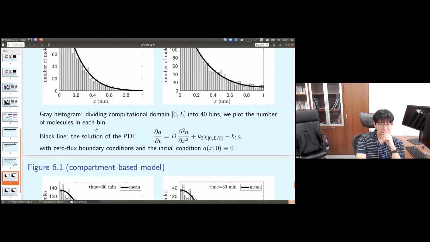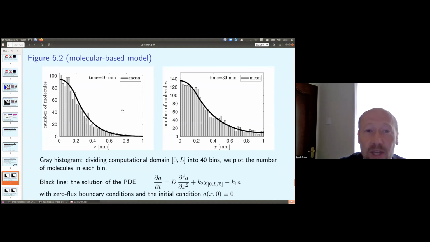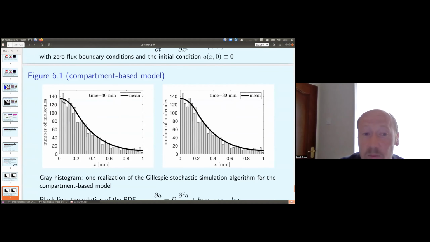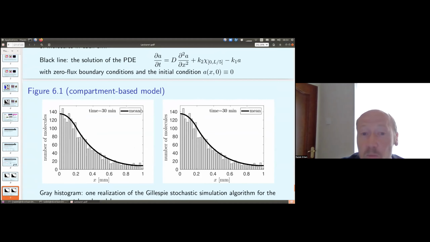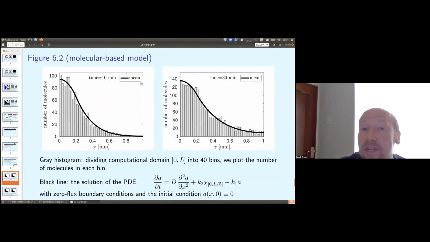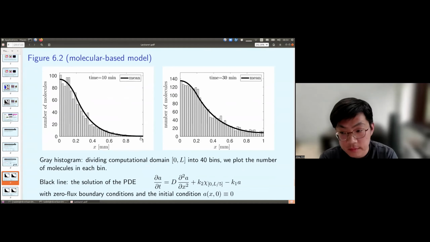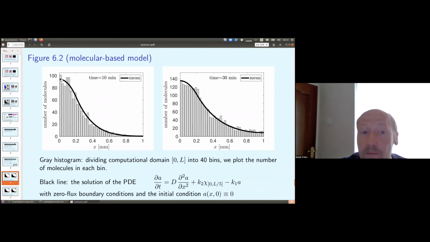So the question was about these pictures where I showed the molecule-based model or the compartment-based model, and I was producing this black line. I actually put in my pictures that it's a mean, an average. This mean can be estimated. If I want to calculate averages, I have to calculate not just one realization, which was shown in the video, but at least thousands of realizations.